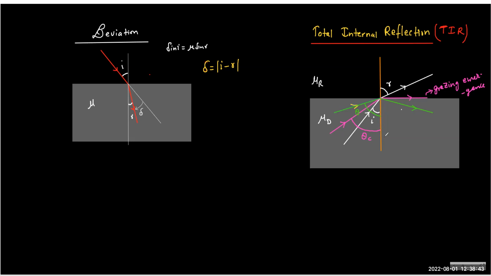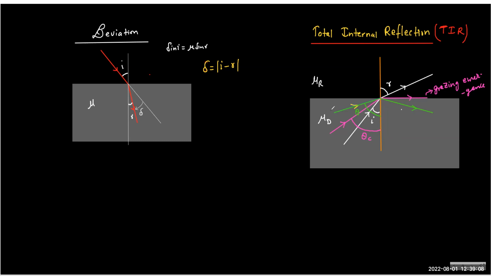But coming back to the same medium is called reflection. It is not refraction. So beyond the critical angle, we don't use Snell's law. What we use is the basic laws of reflection. The light ray will come back to the same medium, and the interface will act as a reflector instead of a transmitter. So it will not transmit the energy.